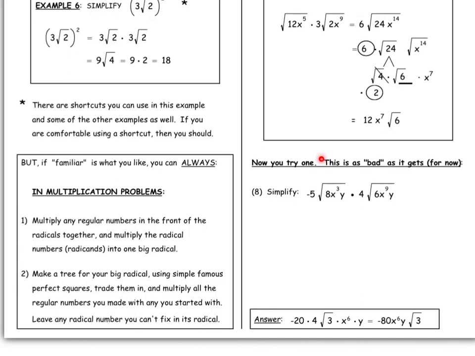The next thing we have to work on is addition of radicals, which is different because addition is not in the same family as multiplication, and therefore radicals and addition don't mix as freely or as easily as multiplication does, as you can see back up over here. And so that's for another sheet where we have to learn to combine like terms. But before we can get like terms, we have to learn how to simplify each piece of the addition problem before we can look to see if anything matches. Aren't you eager to learn something new? Well, lie to me anyway.